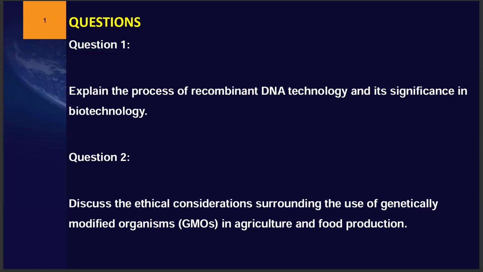Will the crops yield or will they not? Food safety: the food we are going to eat, is it going to be safe? Some of these modified organisms may have gluten. Will it be gluten free?